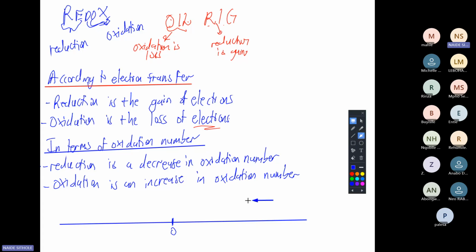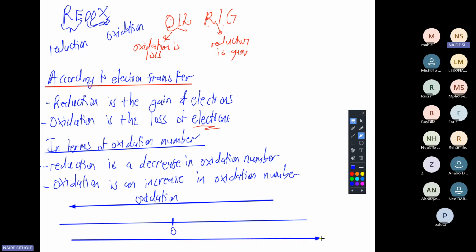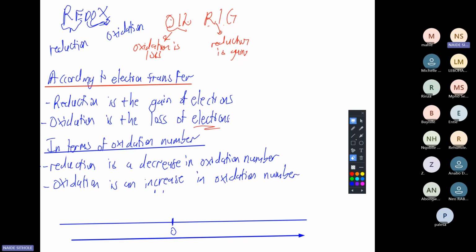If you are moving from a smaller number to a bigger number, that is oxidation.